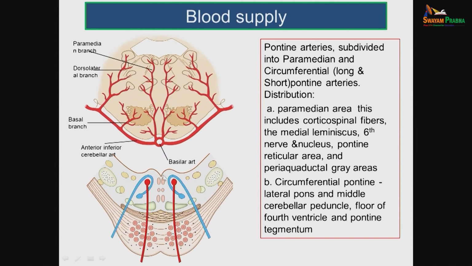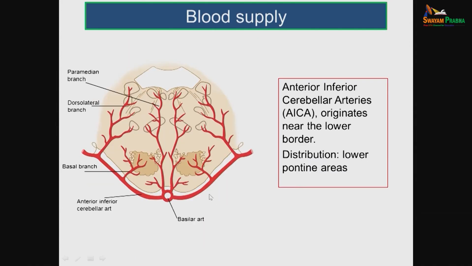So the median portion is supplied by the paramedian branches of the basilar artery, and the lateral part is supplied by the circumferential branches, both short as well as long.